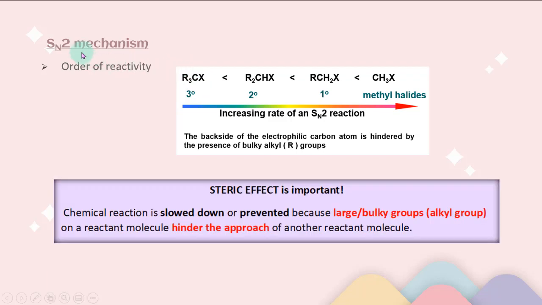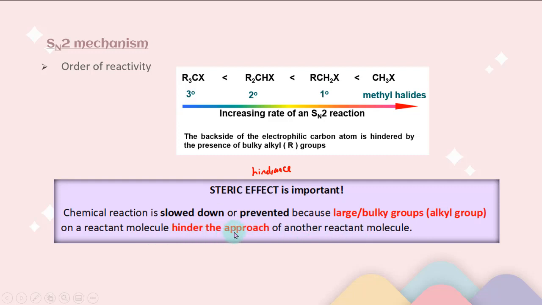Okay, so for SN2 mechanisms, remember that the steric effect is very important. The steric effect is the presence of bulky alkyl groups. Sometimes we know it as steric hindrance. It refers to a chemical reaction being slowed down or prevented because large or bulky groups, in this case alkyl groups, on the reactant molecule hinder the approach of another reactant.